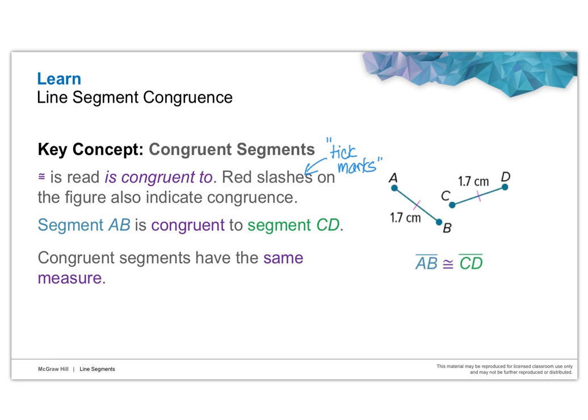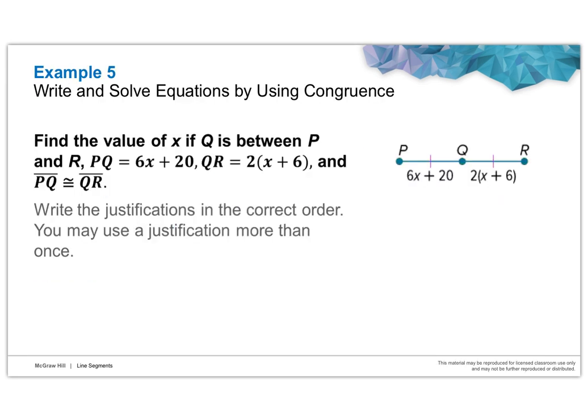So we see those tick marks written on segment AB and on segment CD in the diagram. And so we can say that those segments are congruent. You don't even need to have the measures. In this case, they're 1.7 centimeters, but you can say they're congruent if the tick marks are present. But congruent segments are always going to have the same measure.